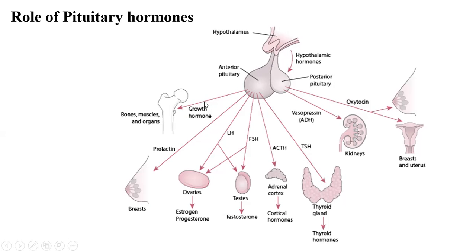Now, which are these hormones? The first one is growth hormone. This growth hormone, also called growth stimulating hormone GSH, stimulates growth and development of bones, muscles and organs. The second hormone is prolactin, which helps in development of the mammary gland and formation of milk.